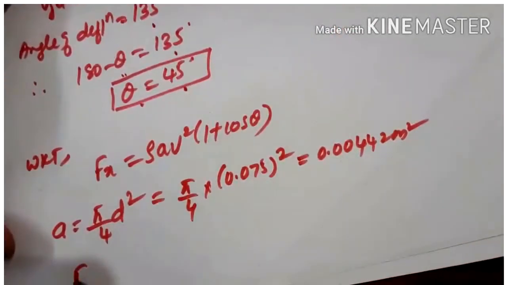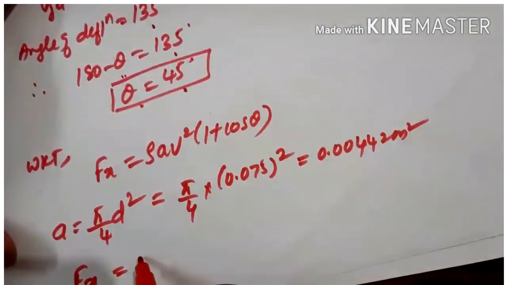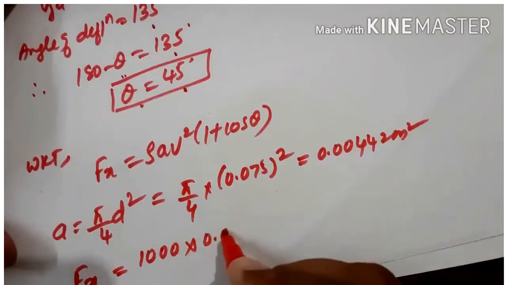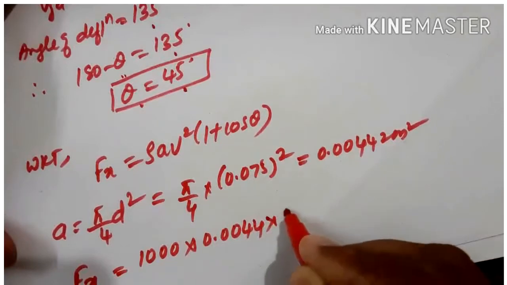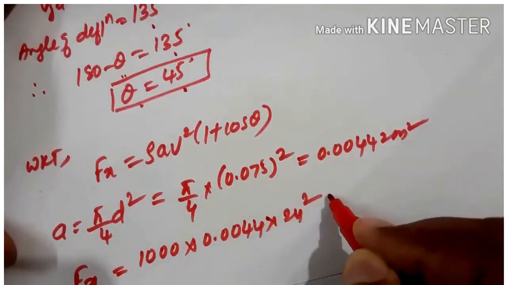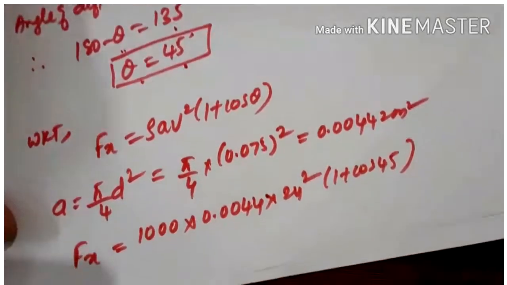Then substitute the values in the above equation. Rho is the density of water, 1000, into 0.0044, into velocity 25 square, then 1 plus cos of 45 degree.